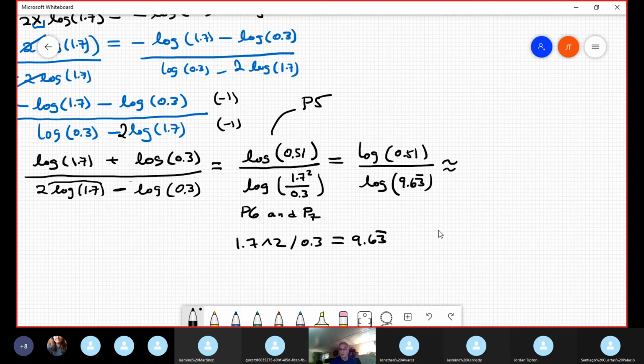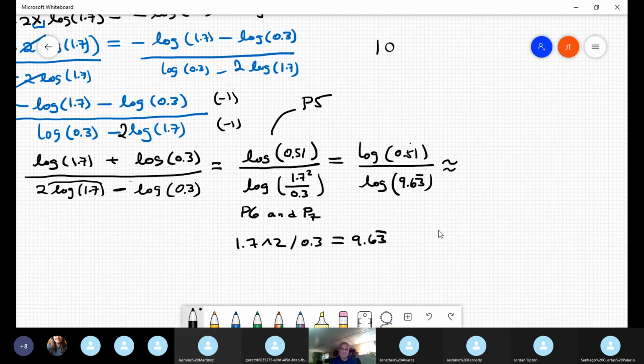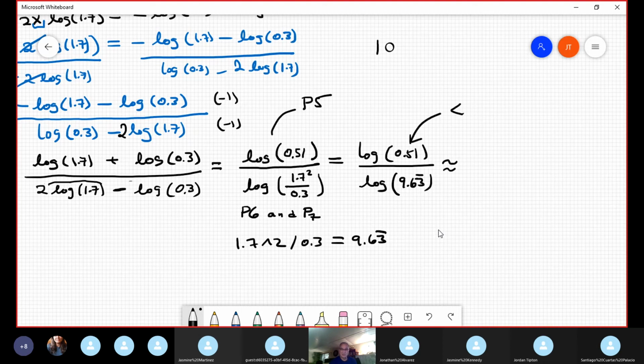Remember, the base of the logarithm that we are using is 10. When the number is less than 1, the logarithm is negative. When the number is greater than 1, the logarithm is positive. So this answer should be negative, this one should be positive, and negative divided by positive is negative. So the answer that we expect without doing anything, no calculator, is negative.